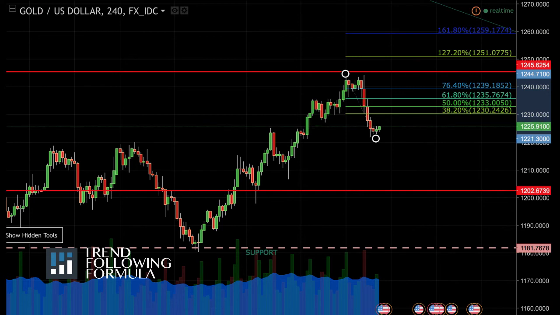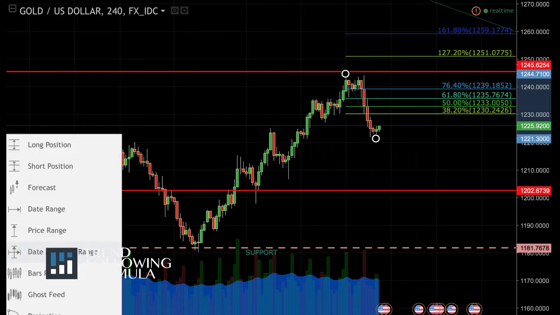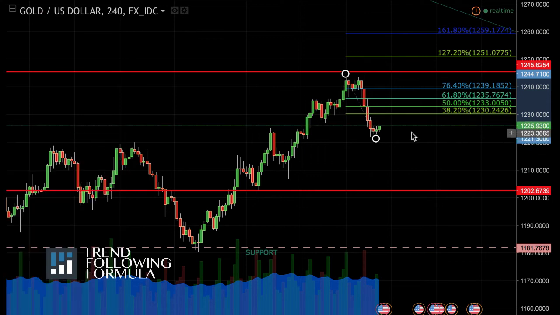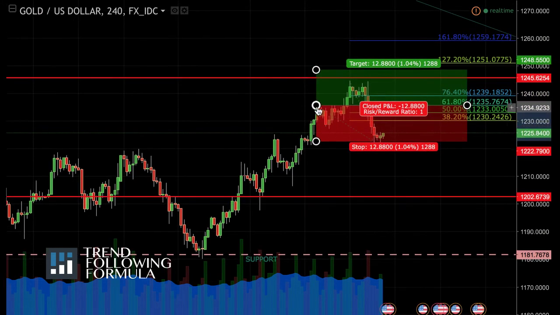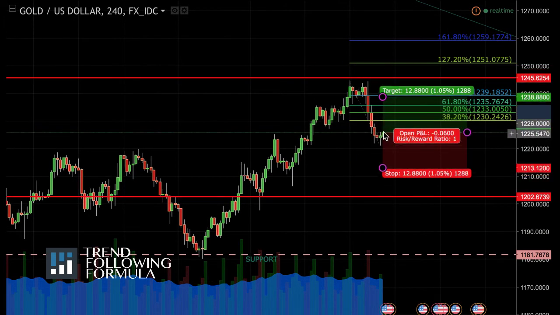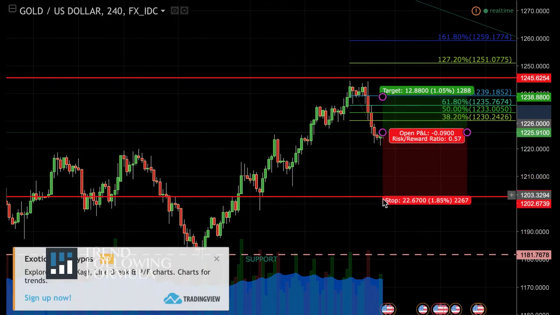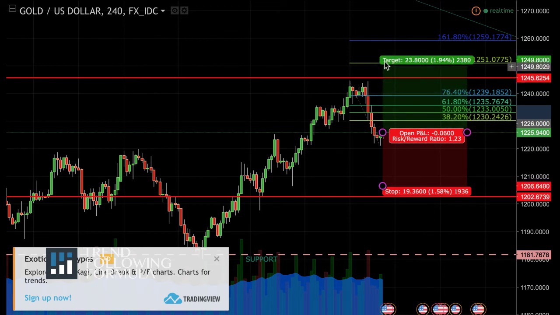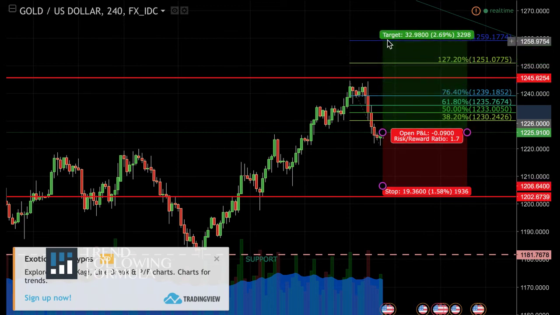there is that nice tool here. Long positions. Yes. That's a very nice tool. Actually, this is our take profit. This is our stop here. Okay, and that is our second take profit.